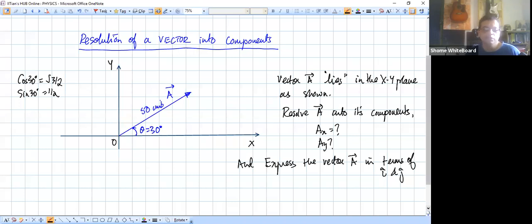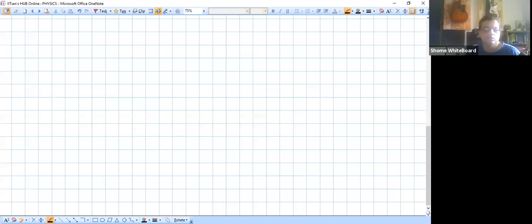Okay, so before we get into this question fully, let me just revise the concept of components. So the general idea of components is, if a vector, yes, Dhruv, it is correct now. Okay, correct.